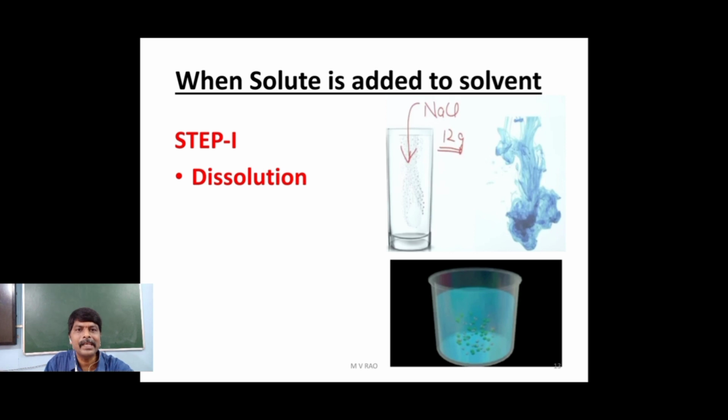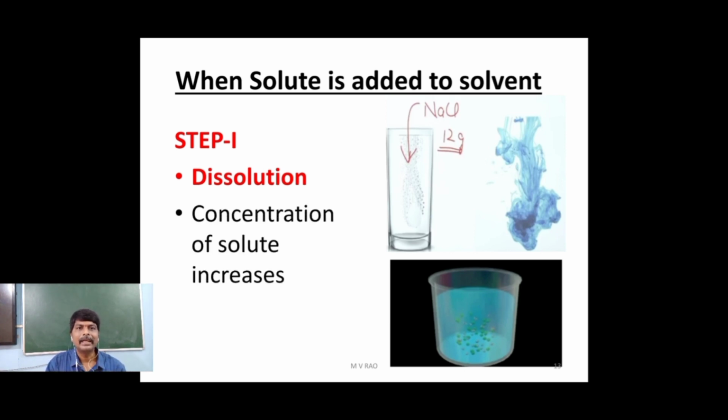The first step is dissolution. Before adding solute, only solvent molecules are there. Solute molecules are 0, concentration is 0. After adding solute, slowly molecules go in and dissolution takes place.